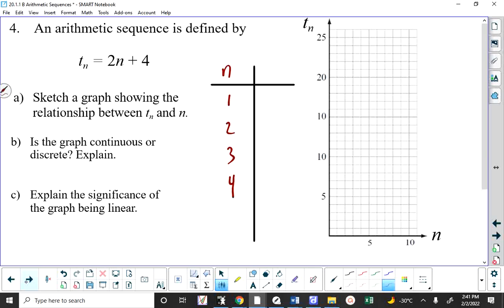And quite frankly, I don't care how you get these numbers. You could write out 2 times 1 plus 4 and put it in, 2 times 2 plus 4 and put it in. You could put 2x plus 4 in for y in your calculator and go to your table.